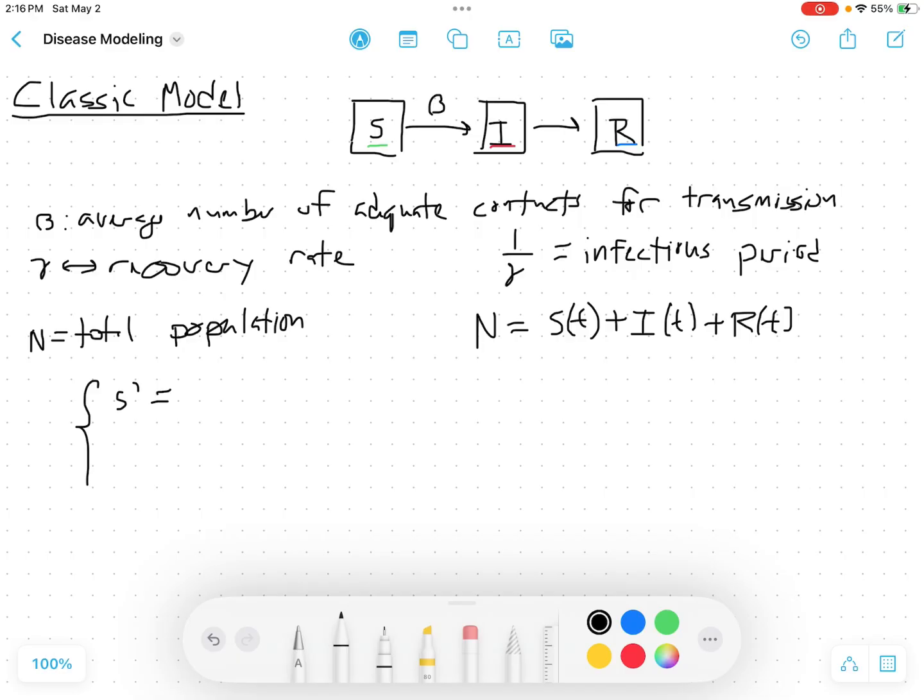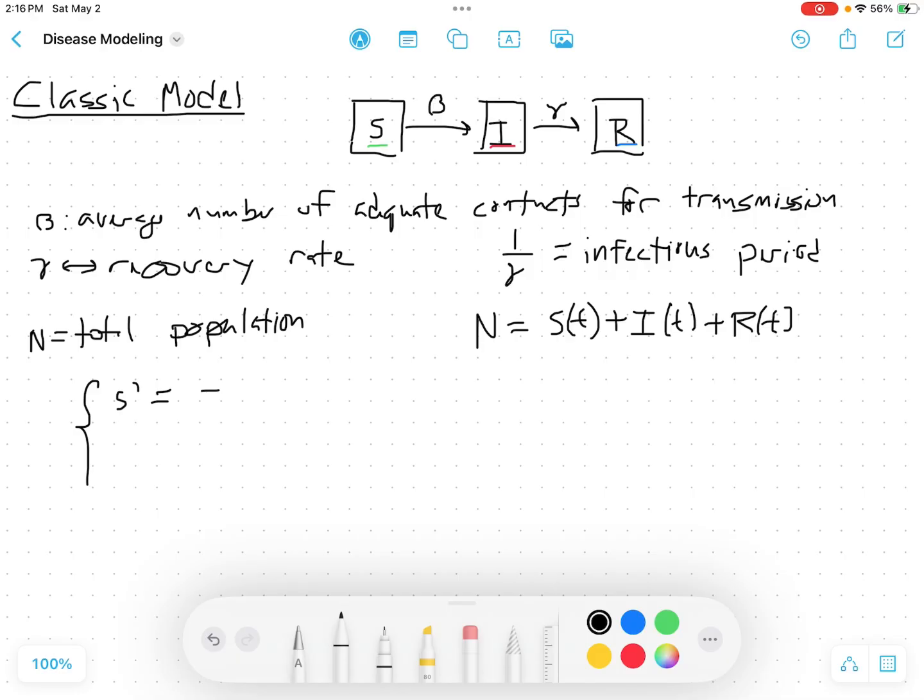The only change that's happening is that people are leaving the susceptible category, going into the infected category. So in this model, the number of people who are susceptible is just going to be decreasing. Again, we had this beta as the average number of adequate contacts for transmission.